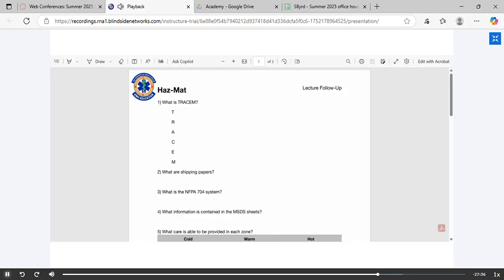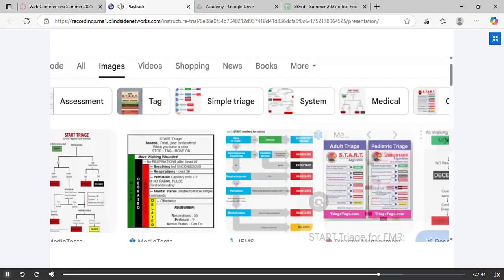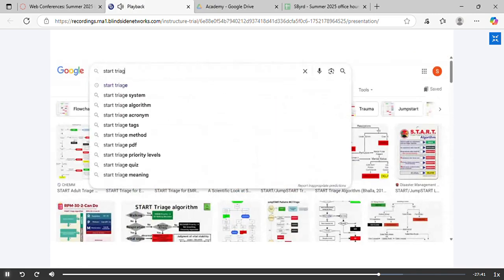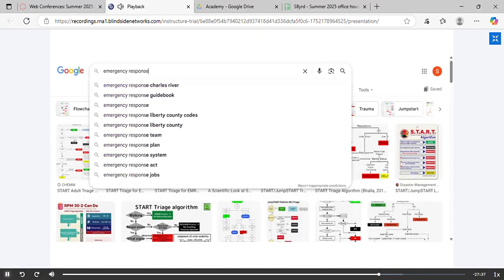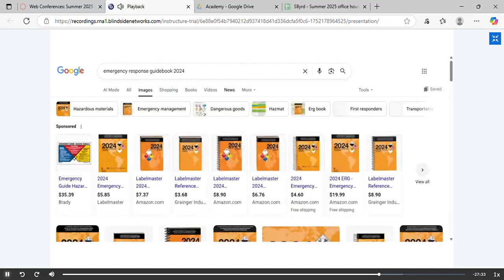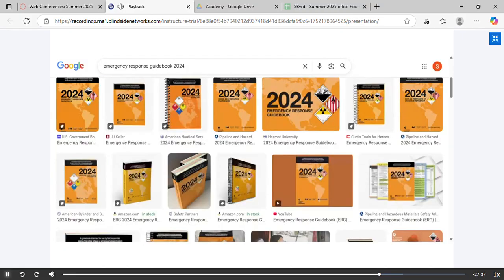Okay. So this is our ERG, our Emergency Response Guidebook, U.S. Department of Transportation Emergency Response Guidebook, okay? And let me pull up a little picture of this. Okay, that's what these are, all right? And so you're looking at this and you're going, oh yeah, I've seen that in there. You're right.